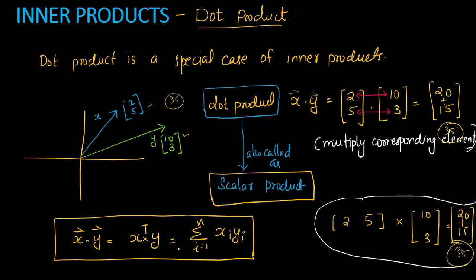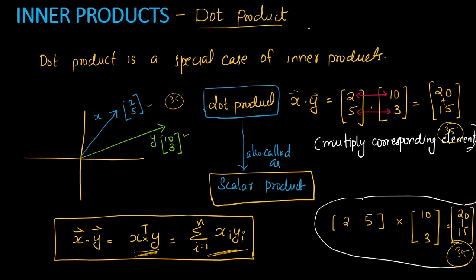The advantage of this representation is that it is based on matrix multiplication. In the second type of equation, there is no matrix involved. We are just taking the corresponding elements and multiplying. Whichever is suitable for our application, we can choose. So that is a dot product.